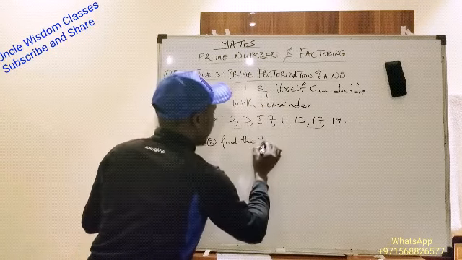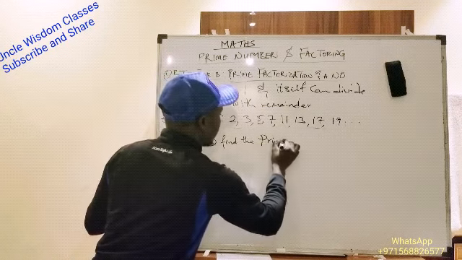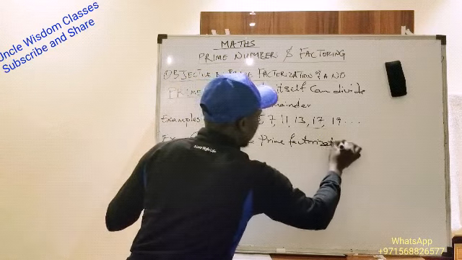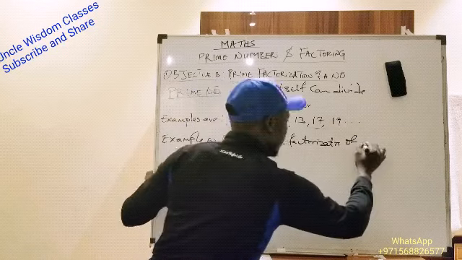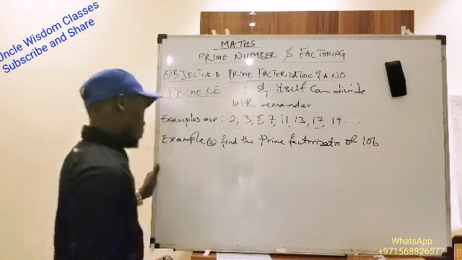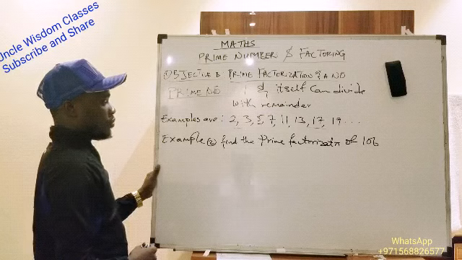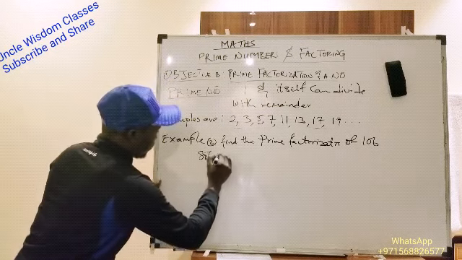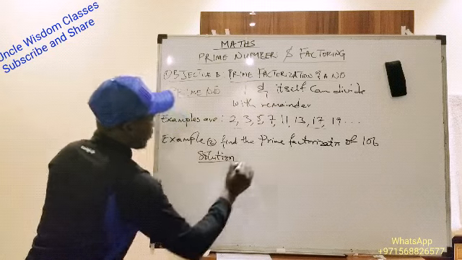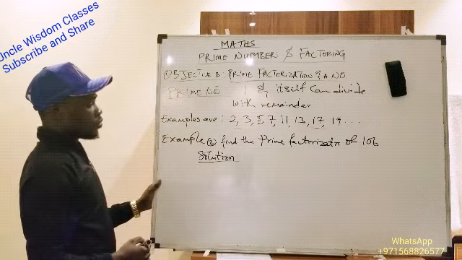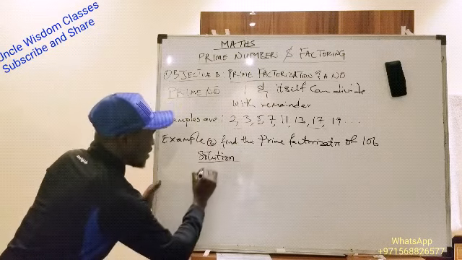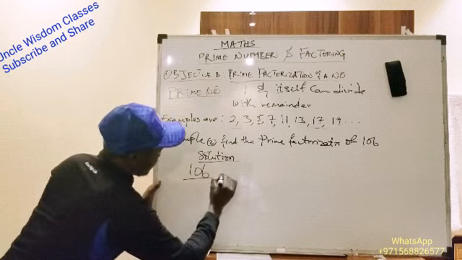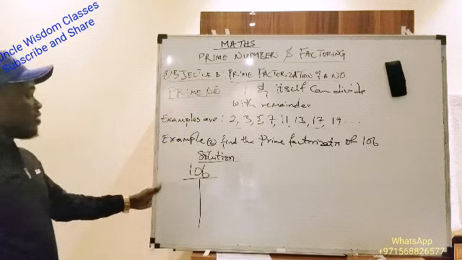Example 2. Find the prime factorization of 106. Okay, here we go. Solution. Remember what I said. You use T diagram to find the prime factors.